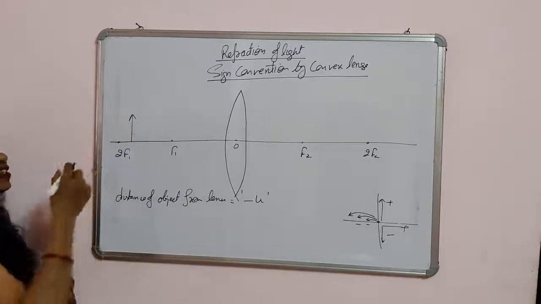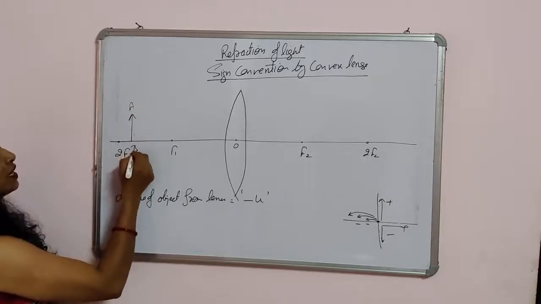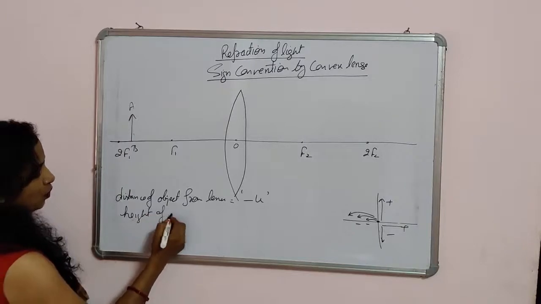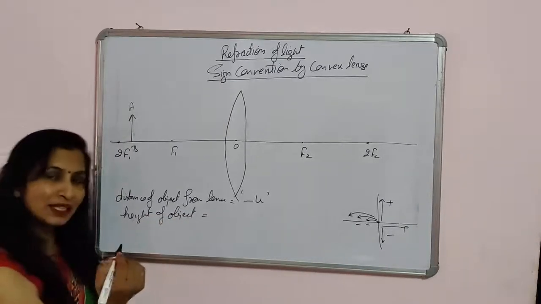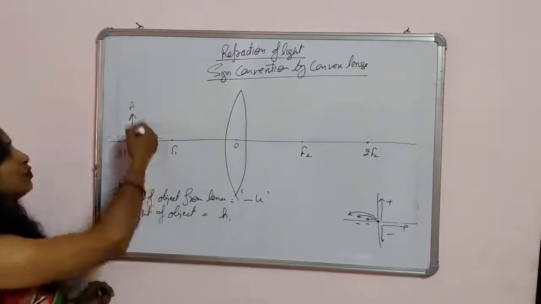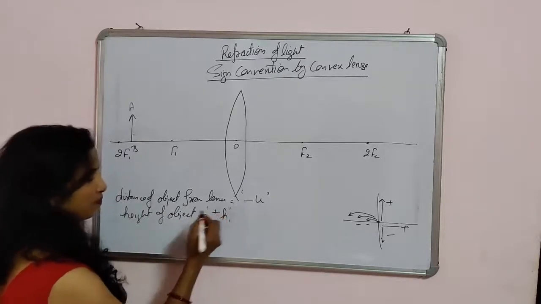Now, we are placing the object erect. We always place the object erect. So we will say that the height of the object, which we represent by the symbol h1, since we are measuring it in the upward direction, will be positive.